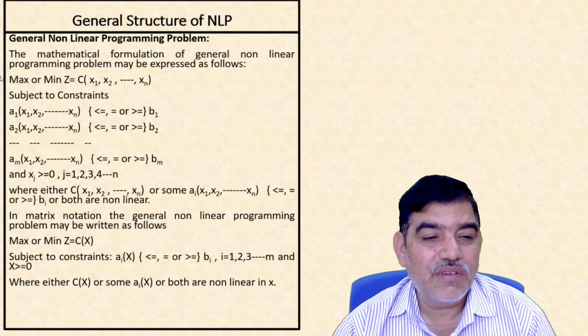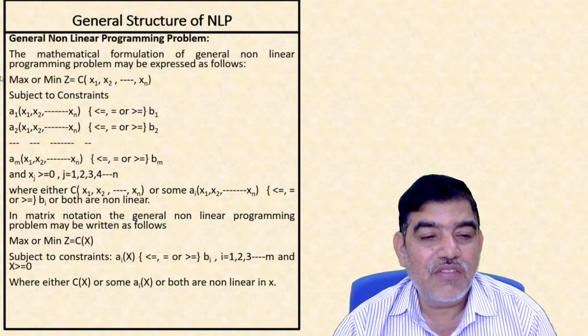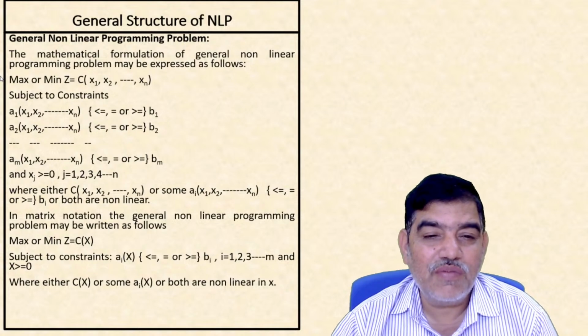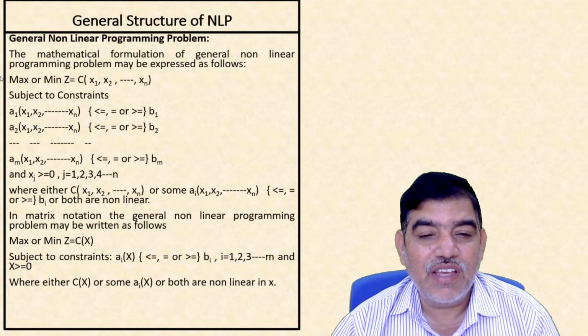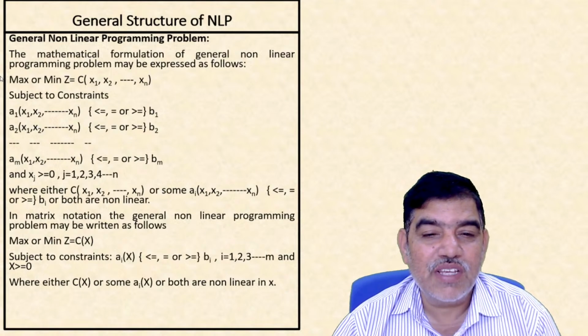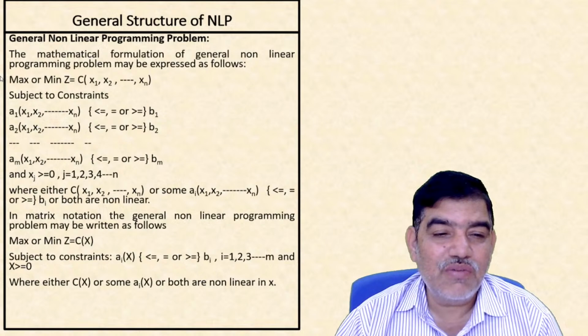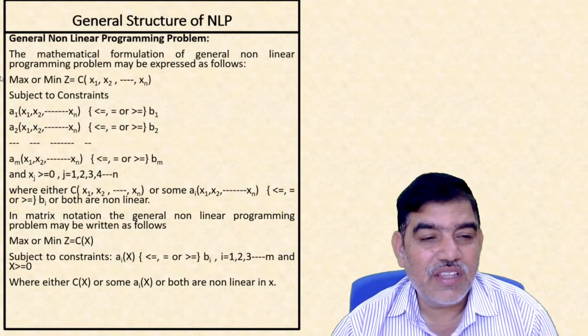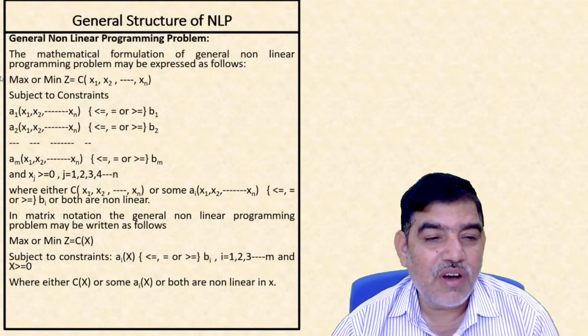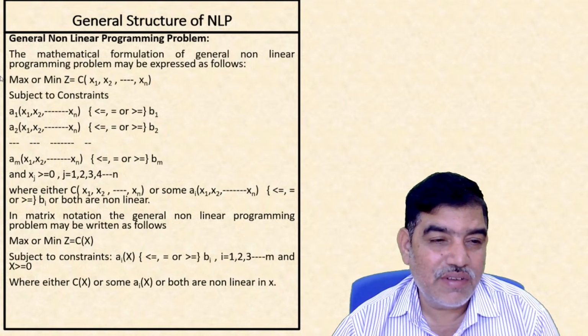That means positive. Where either c of x1, x2 up to xn or some of the constraint equations a of i of x1, x2 up to xn, either less than equal to or greater than equal to or equal to, or both are nonlinear.